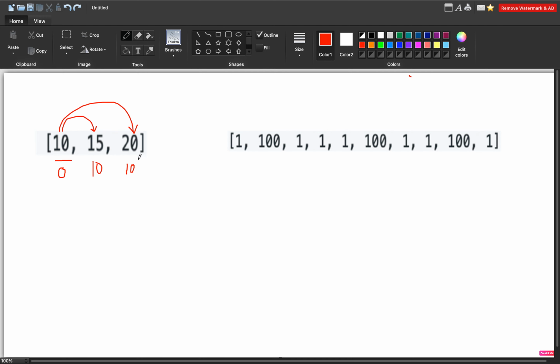That's the case. And if you are standing at 15, firstly you find the cost of reaching 15. You have already calculated it, it is 10. Now from 15 also you have two options: you can jump to 20. If you jump to 20, the total cost will be 10, the previous one, plus the 15 itself, so you have to pay a cost of 25.